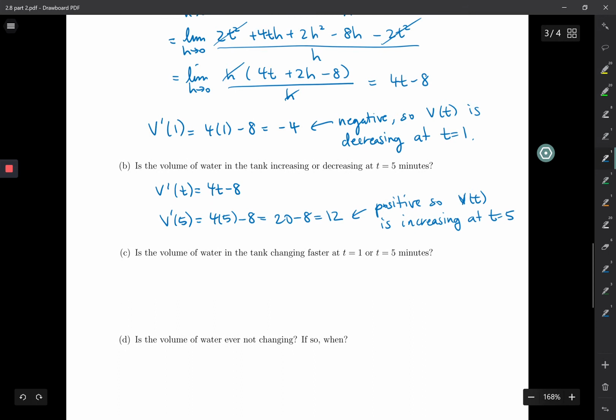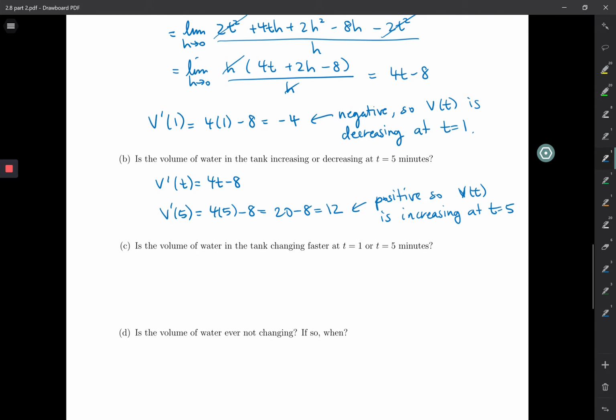Then it asks if the volume of water is changing faster at t equals 1 or t equals 5 minutes. Remember, this is determined by the magnitude or the size of the derivative at each of them. v prime of 1 is equal to negative 4, so the absolute value of that is 4.